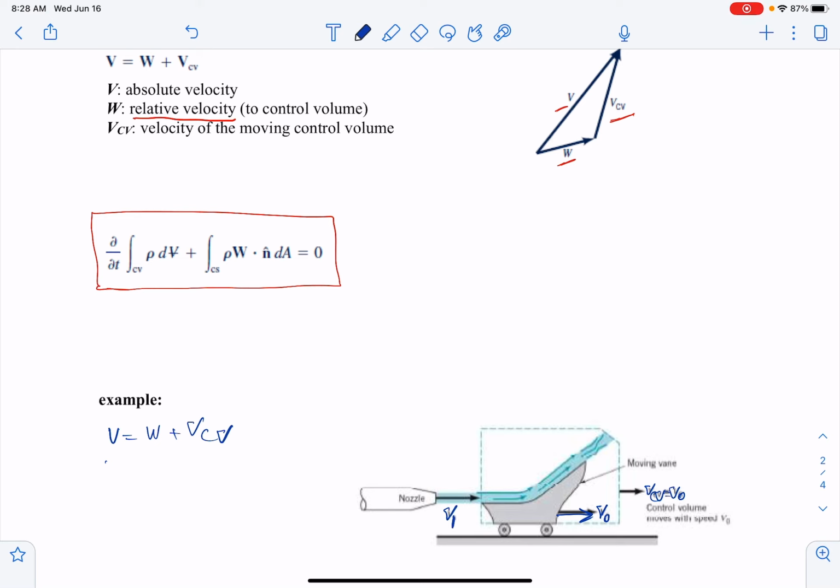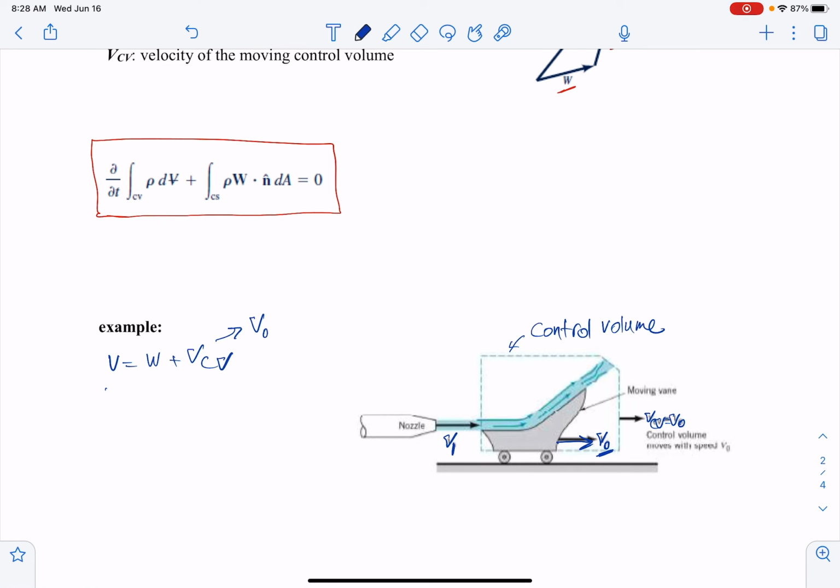And because the vane right here is moving with the velocity of V0, and this is our control volume, the dashed line, it means that our control volume is moving with the speed of V0, right? And now we are trying to find W, so W is going to be V minus VCV, right?